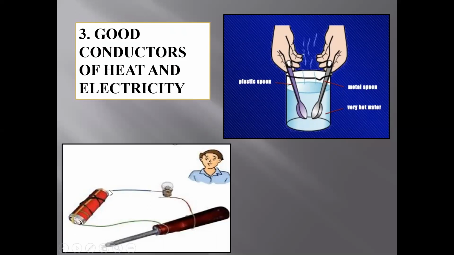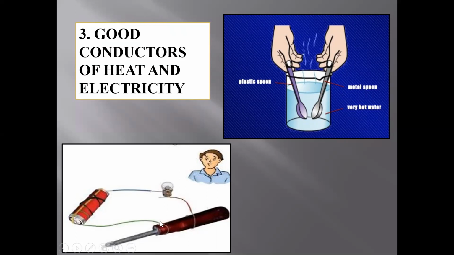Next, over here I have shown another diagram where the copper wire is being turned around this battery terminal. One end is connected to this metallic part, and another to the bulb. You will see when you switch on this circuit, the bulb will start glowing. This shows that electricity very easily flows through this circuit.